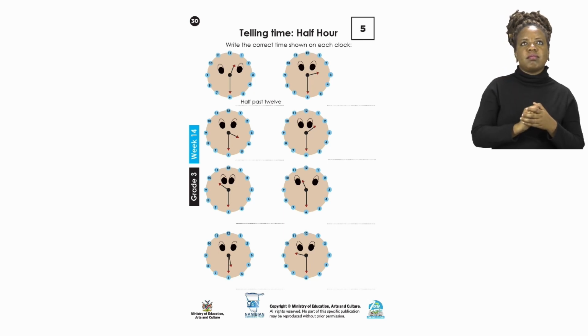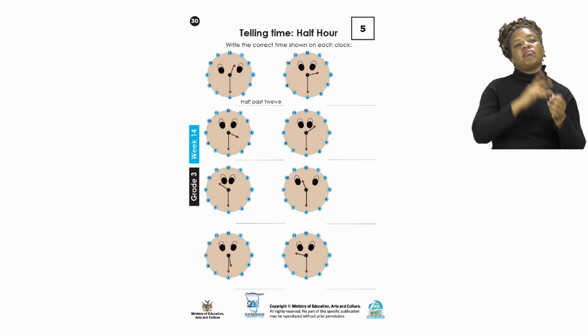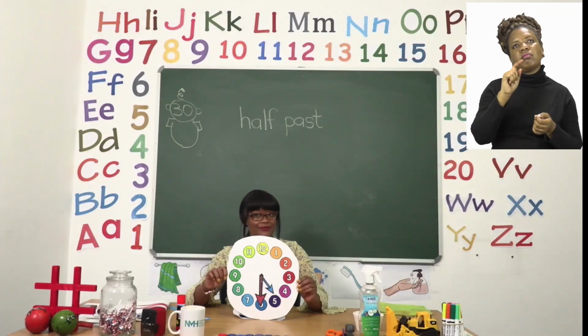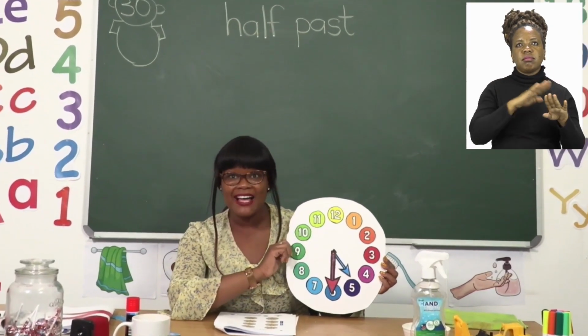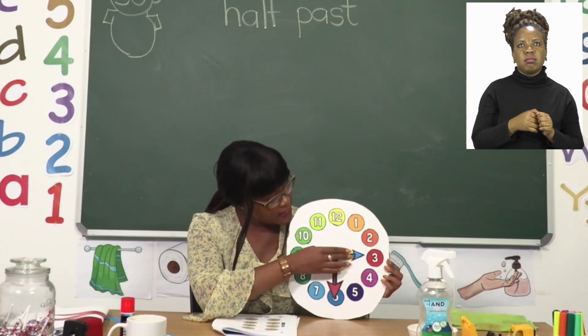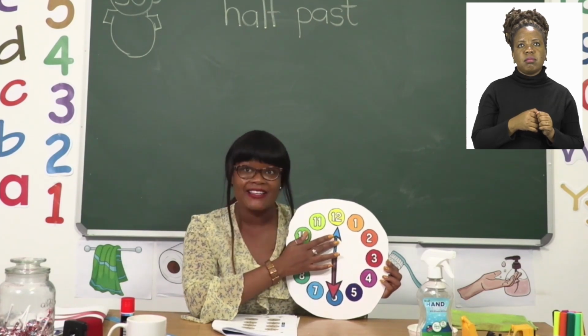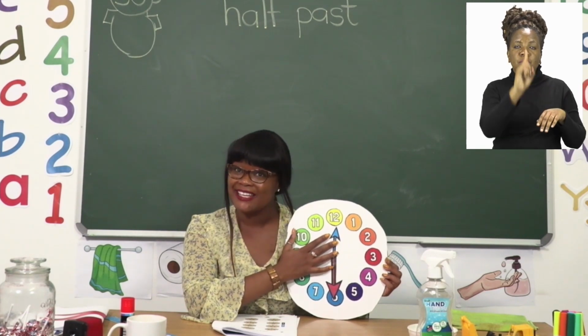12:30. So I would like to show you what 12:30 looks like on the clock I have. So let's take a look at the clock. Now the clock I have right now will tell you the time. The 12:30 they are showing you is when the hour hand is pointing to 12 and then the minute hand is pointing to 6.